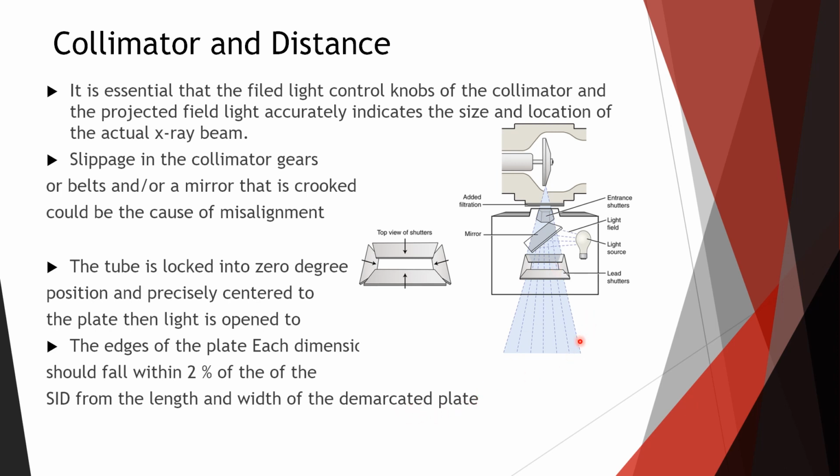The light is opened up to the marks, and the exposure is taken, so we know that the marks are a very set distance. The image is then measured, and it should be within 2% of what the light was shining to. That's all it's saying: the exposed area should be within 2%. It could be plus or minus 2% of the marks. That's the acceptable range.